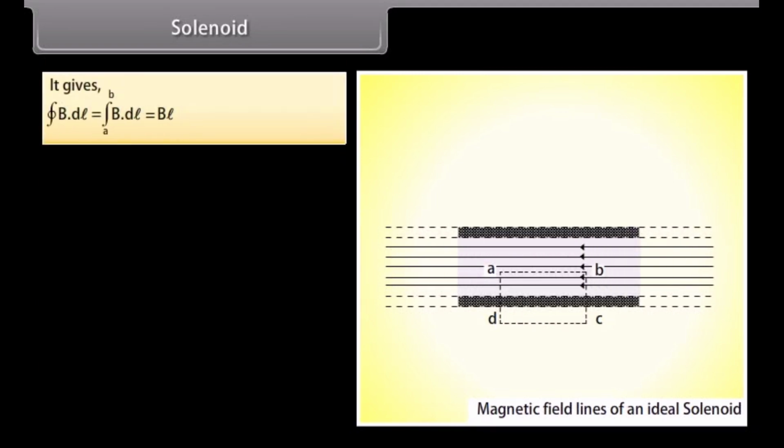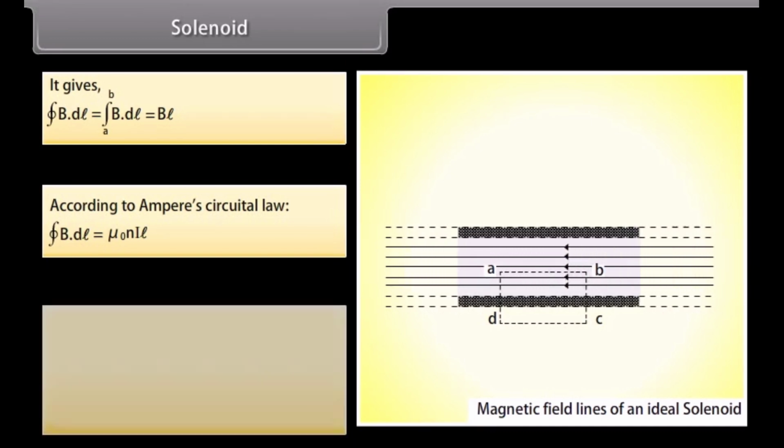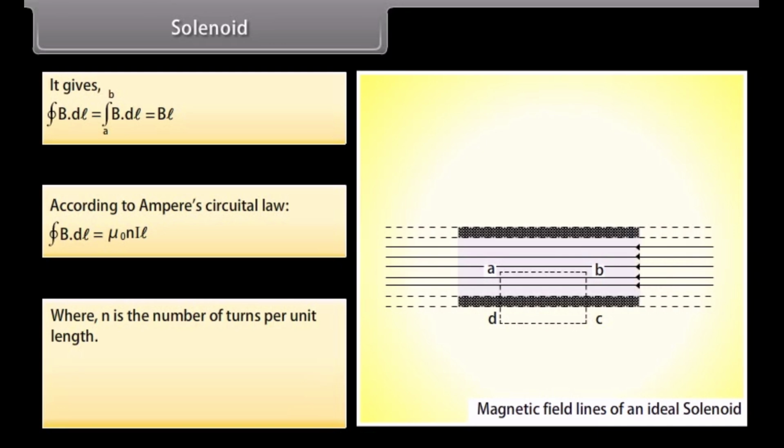It gives closed integral of B dot dl is equal to integration from a to b of B dot dl, which is equal to BL. According to Ampere's circuital law, closed integral of B dot dl is equal to mu naught nIL, where n is the number of turns per unit length. From above two equations, we get the result B is equal to mu naught nI.